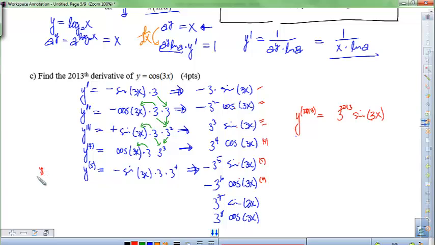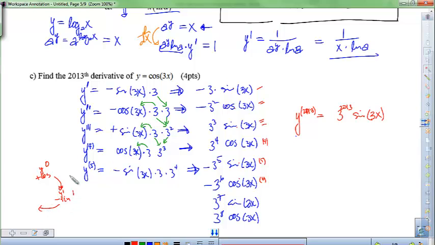Your original function is positive cosine. Your first derivative, y prime, is negative sine. Let's start this as the 0 starting point. This is 1.